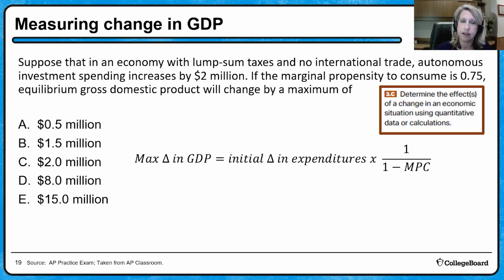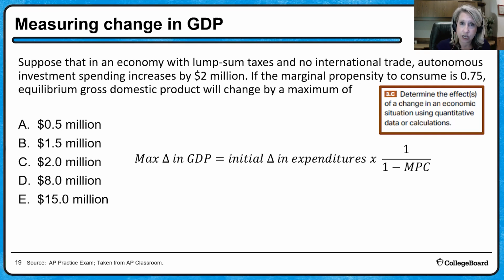If it's a change in taxes or transfers, then when the policy is implemented, the initial change doesn't get counted as part of GDP, right? Changes in taxes and transfers change the amount of disposable income people have. It is the change in disposable income that then gets subject to the MPC and the MPS. So people are going to save part of a tax decrease or part of a transfer increase, and then they're going to spend the rest of it. And that's what's going to be subject to the multiplier effect.